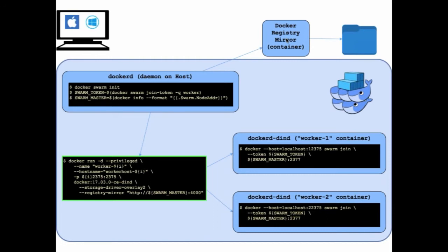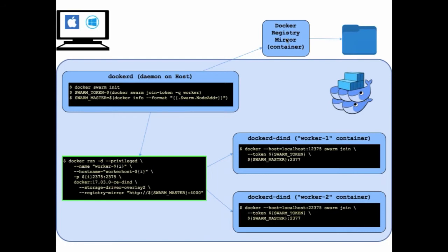So I'm starting the master. And I'm also starting a Docker registry in mirror mode, meaning it's just to speed things up, so that every other Docker daemon running on my machine will fetch its images through this mirror registry. Meaning if one daemon fetches the Ubuntu image, the second daemon will get it from the mirror and will not fetch it from Docker Hub.